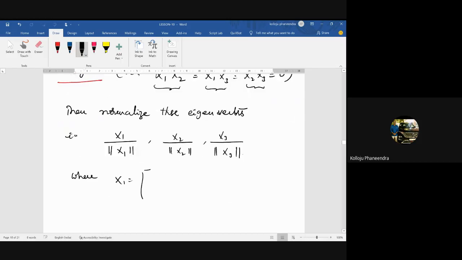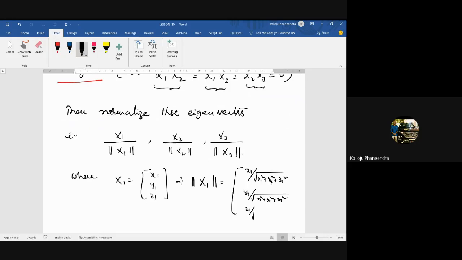If I consider x1, y1, z1, what is norm x1? Normalizing means x1 is divided by square root of the sum of squares, x1 square plus y1 square plus z1 square, and y1 by the same, and z1 by the same.